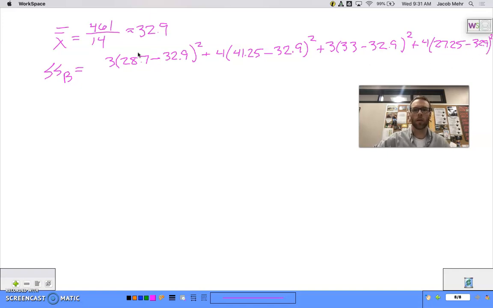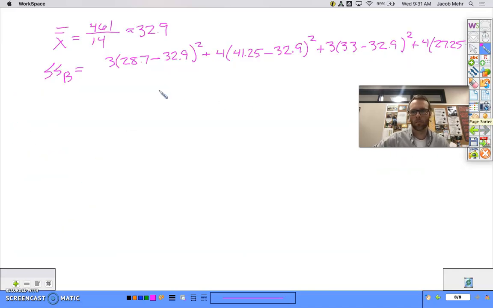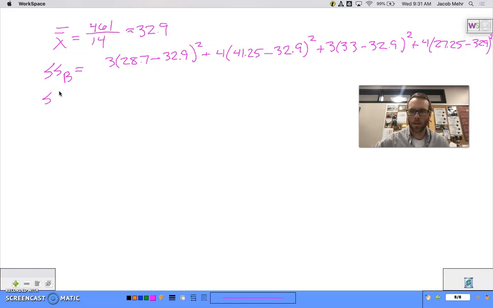Squared. Can't lose our squared. Okay, that's what we needed to add up for the sum of the squares between. And now, just got to figure out what that is. I definitely could have spaced this a little bit better. So the sum of the squares between, I'll just do that calculation. What I'll do is I'll set up all of them and then I'll pause and then I'll use my calculator to find out what they are.